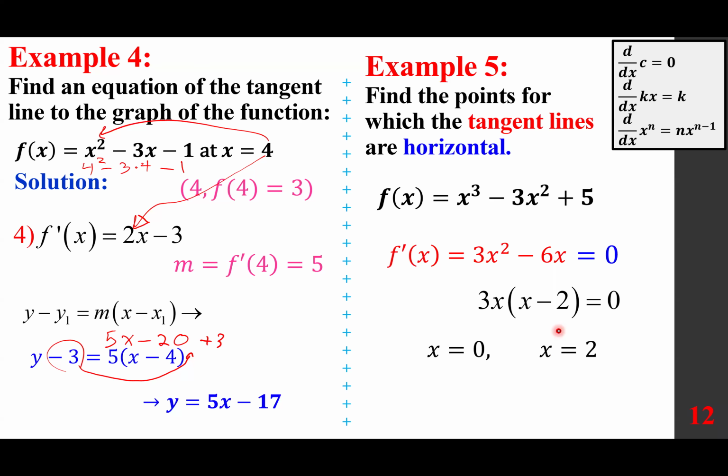So those are 2 points, but put them as pairs so we understand. If you plug in 0, this goes to 0 and you get 5. So 0, 5.